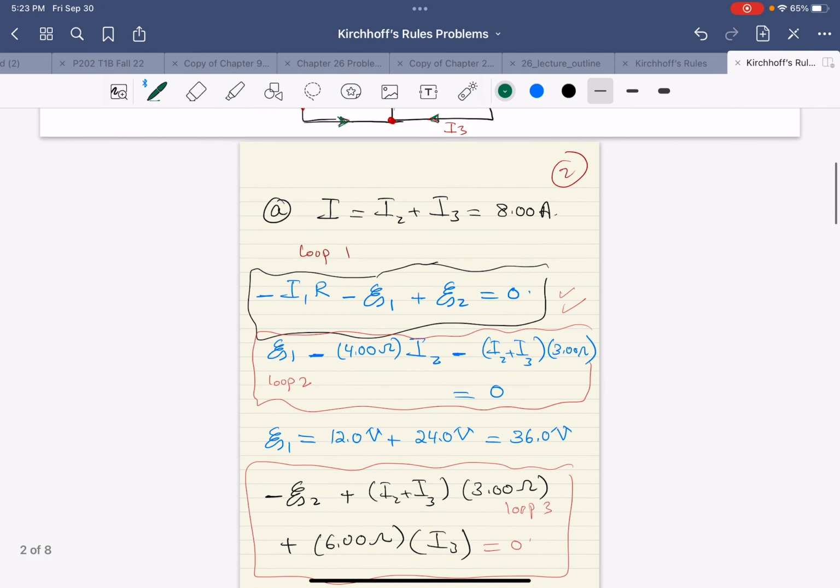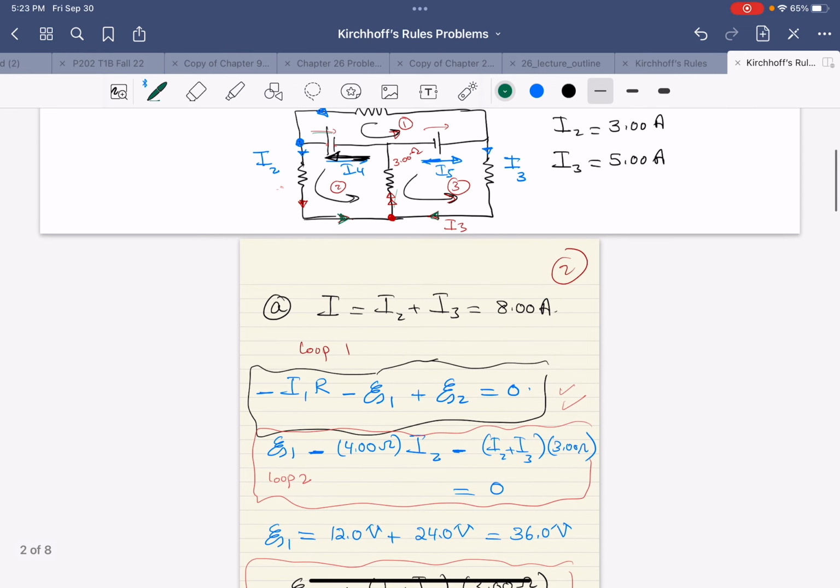I can also apply loop 2. Loop 2 is here, and I'm going to go in that direction. I can go from negative to positive for EMF1, so this is plus EMF1. Then I will go through this resistor in the same direction as the current, so it is minus the value of the resistor times I2.